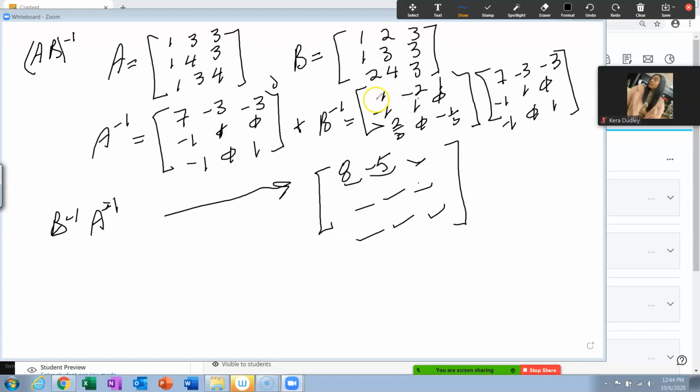Third, minus 3, 0, plus 1 is a minus 2. Second row, first column: minus 7, plus 1 would be minus 6. That's a minus 6. 2, 2, I can't read my writing. I hope both of those are 1s.